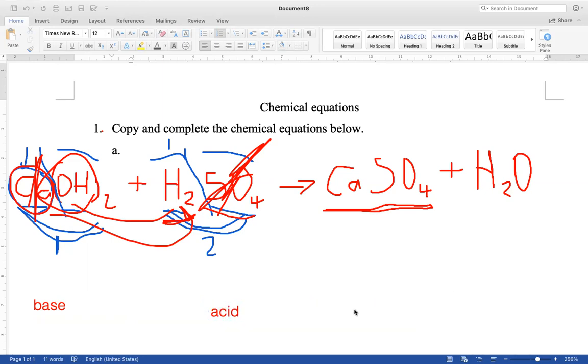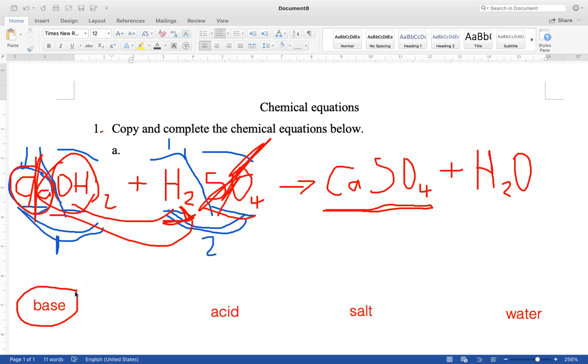Therefore, each time an acid and a base react, what forms is a salt without any compromise, water has to be formed. Unless this base that we have here is a metal carbonate.